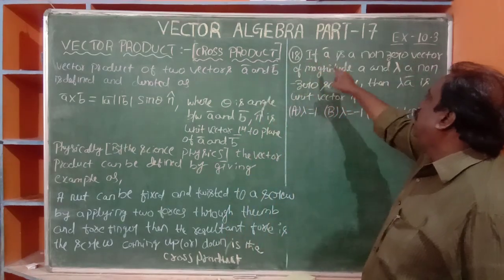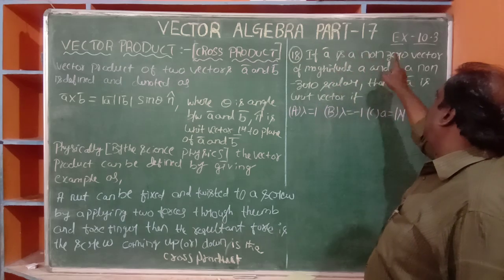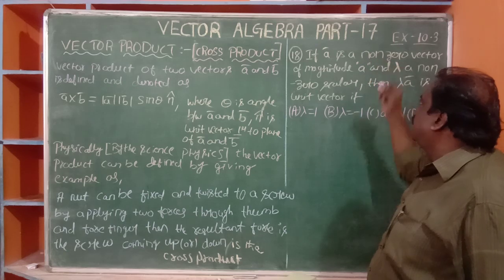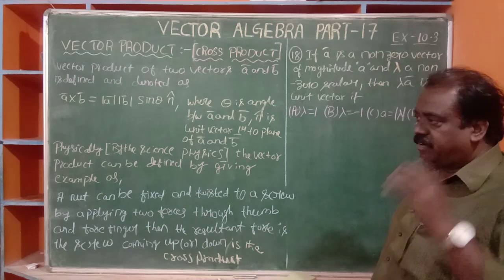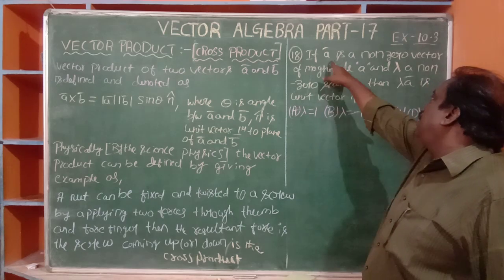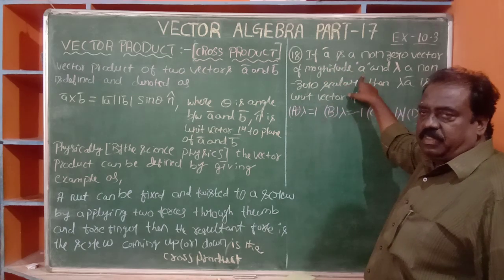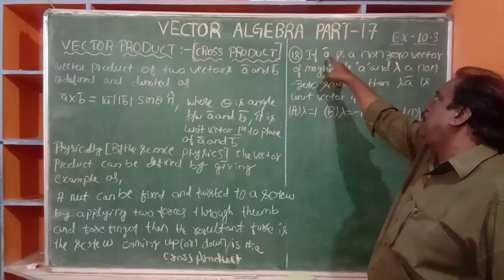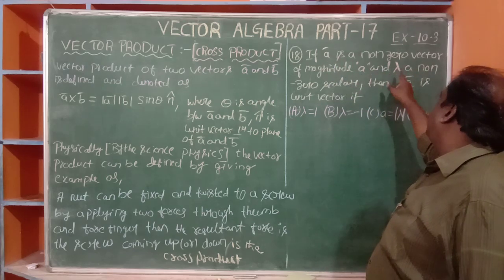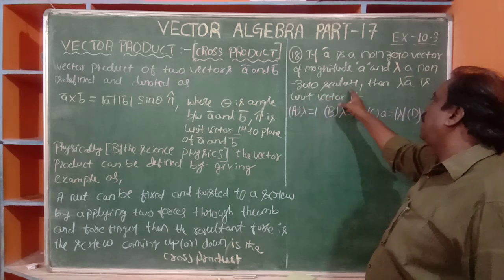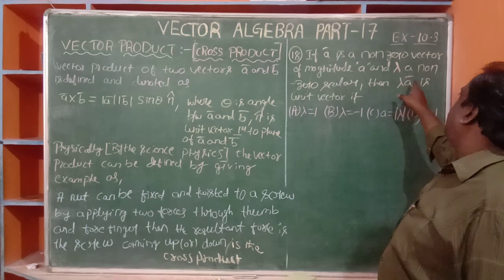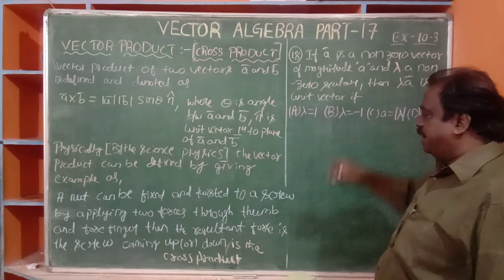You see, if A bar is a non-zero vector of magnitude a only, that is, the modulus of A bar, the length of A bar, is small a, and lambda is a non-zero scalar, then lambda A bar is a unit vector.